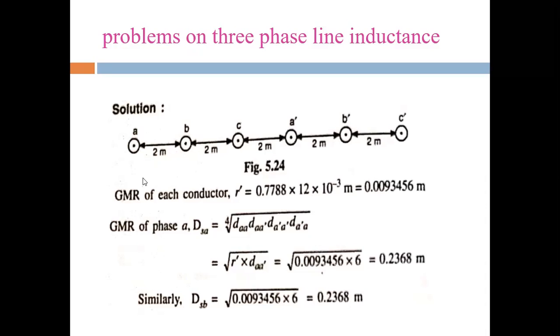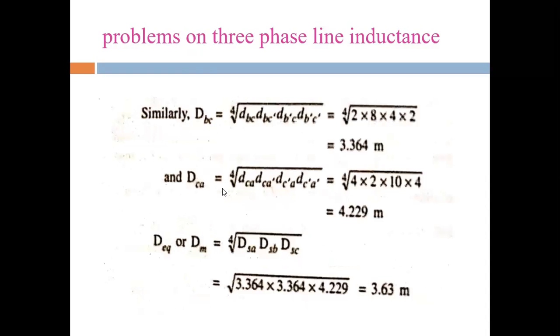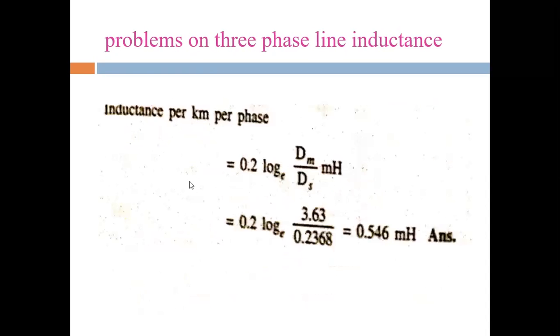The distance between A to B is 2 meters, B to C is 2 meters, C to A dash is 2 meters, A dash to B dash is 2 meters, and B dash to C dash is also 2 meters. This is the given question. By using these distances and the radius, we determine the inductance.